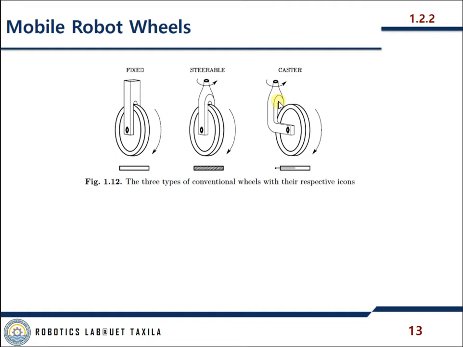One is the caster wheel. The caster wheel has two axes, but the vertical axis does not pass through the center, and from which it is displaced by a constant offset. Such an arrangement causes the wheel to swivel automatically, rapidly aligning with the direction of motion of the chassis. So this is really a good feature.